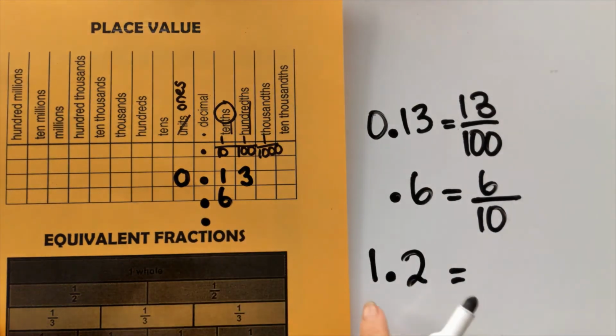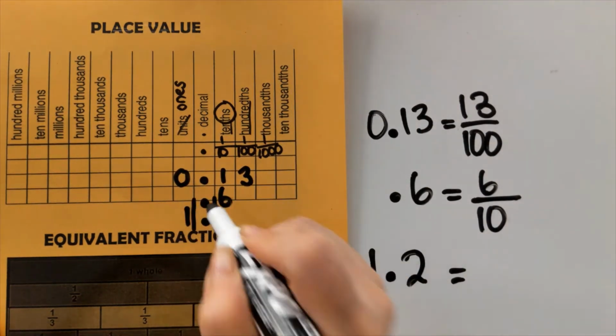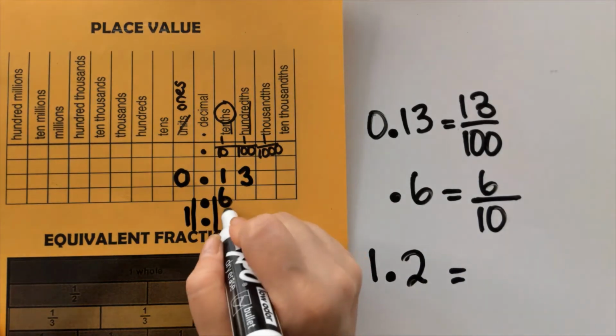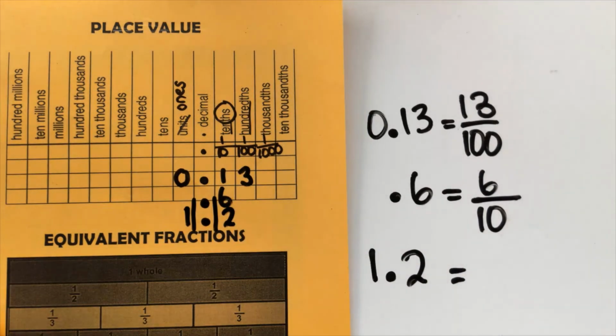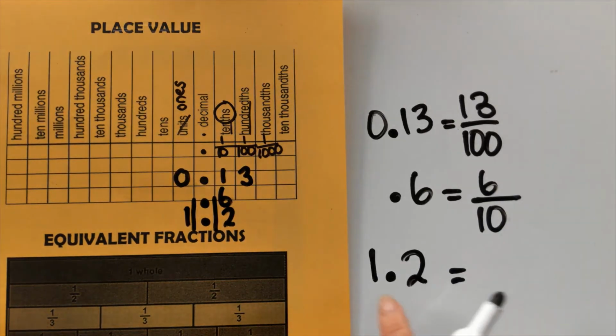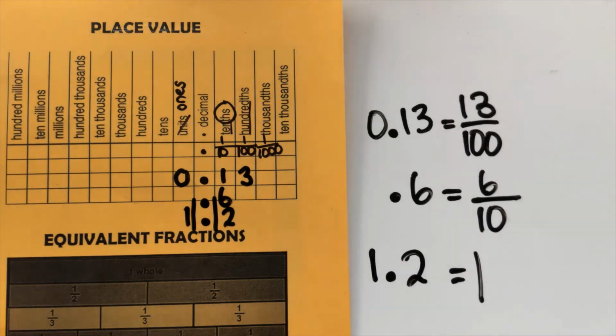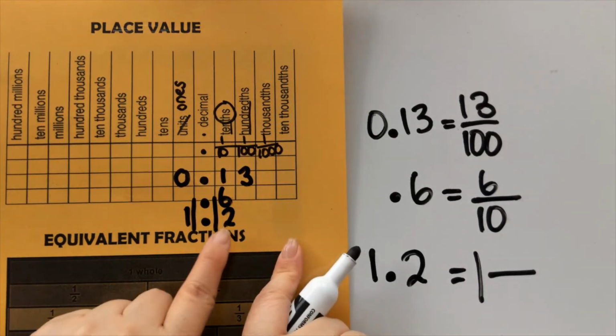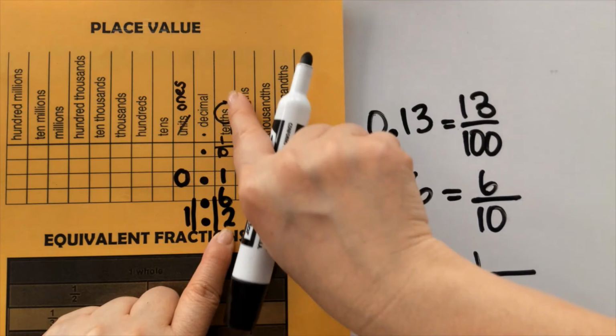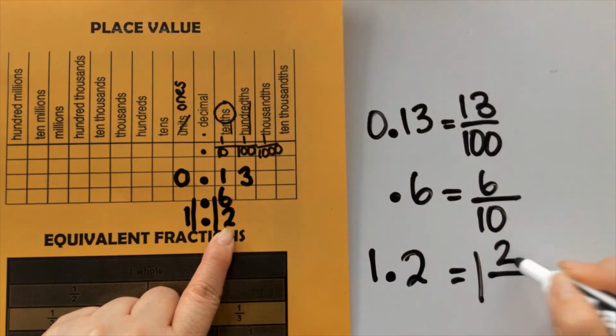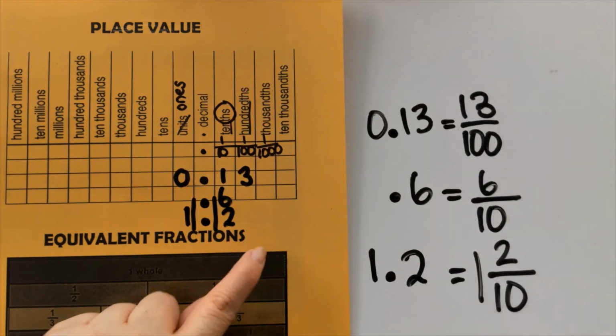So I start at the decimal, the 1 is to the left, and the 2, I'm extending my chart, as you can see, and the 2 is to the right of the decimal. Okay, so then when you put this into a fraction, this 1 is actually a whole. Okay, and then whatever's after the decimal, I have 2 tenths. So 2 is my numerator and 10 is my denominator.